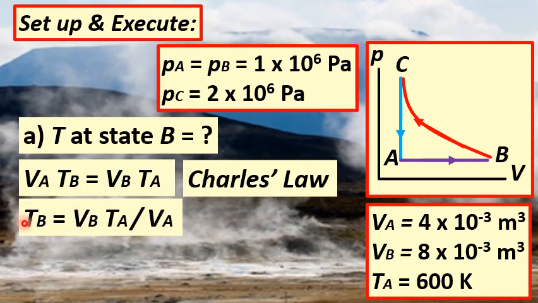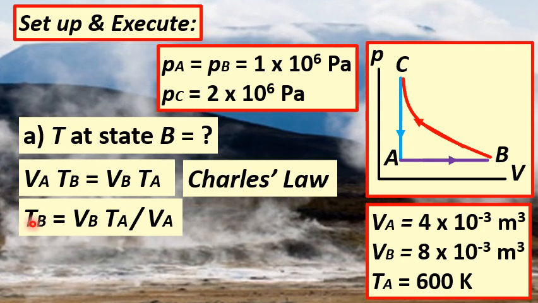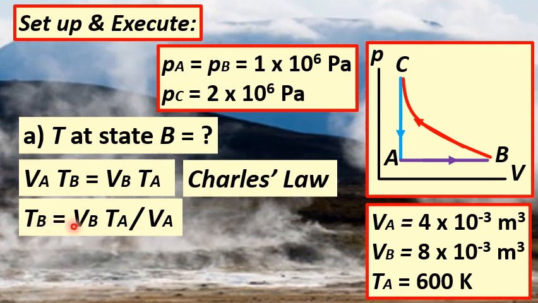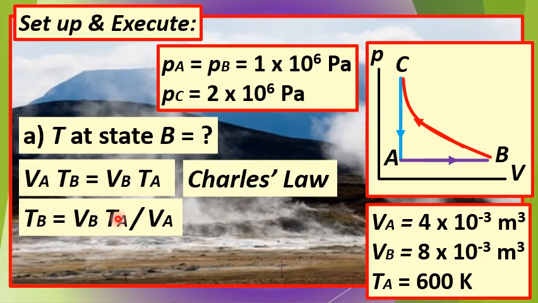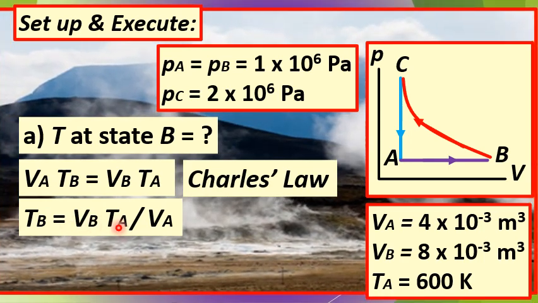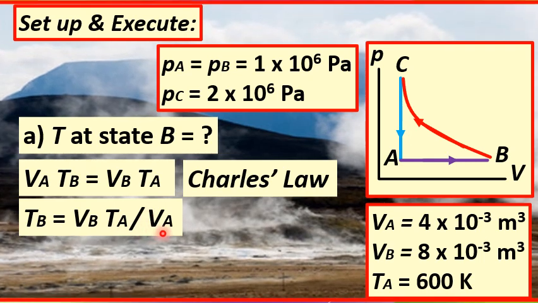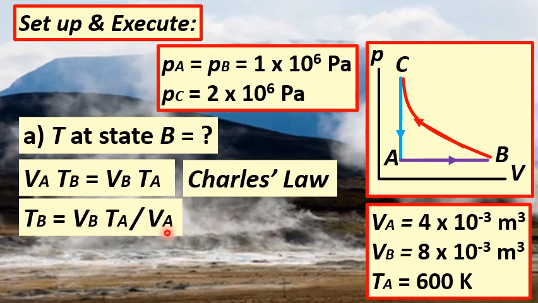So T sub B will just be equal to the product of the volume at state B multiplied by the temperature at state A to be divided by the volume at state A.